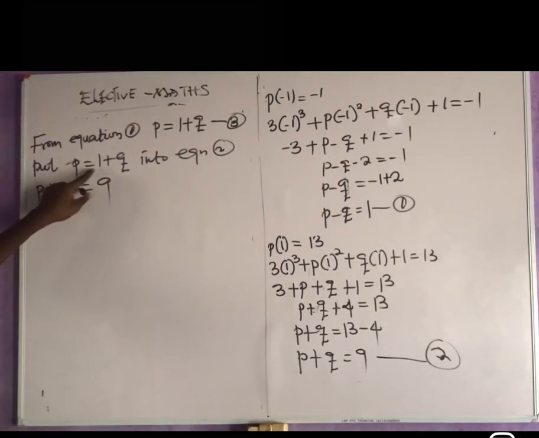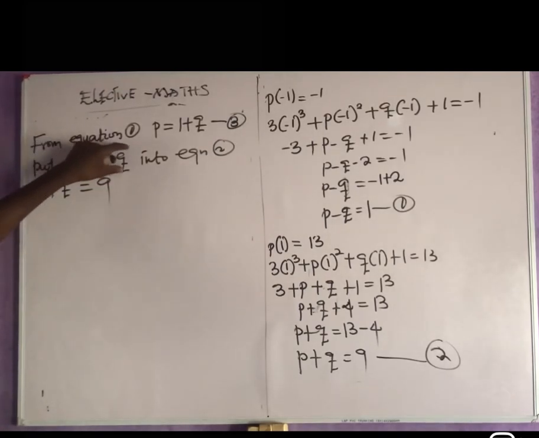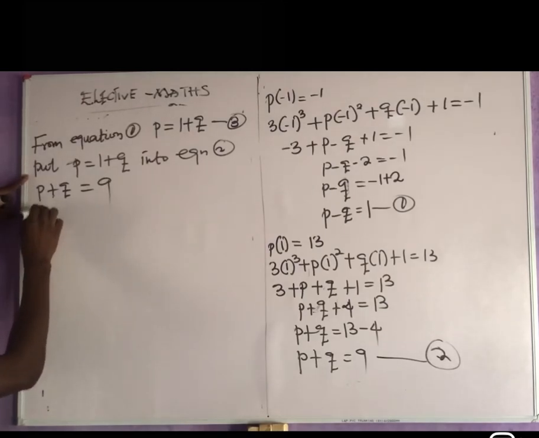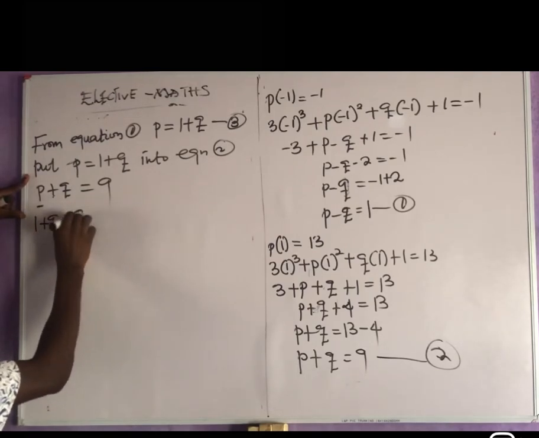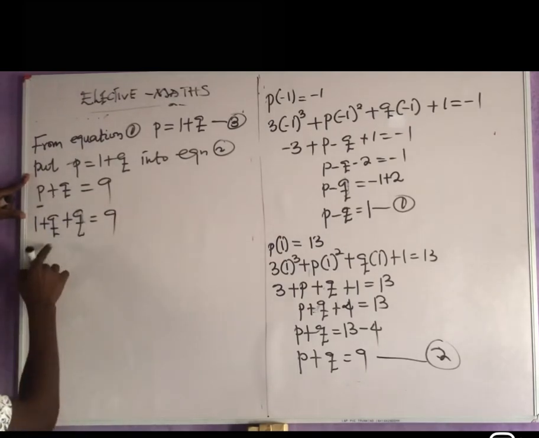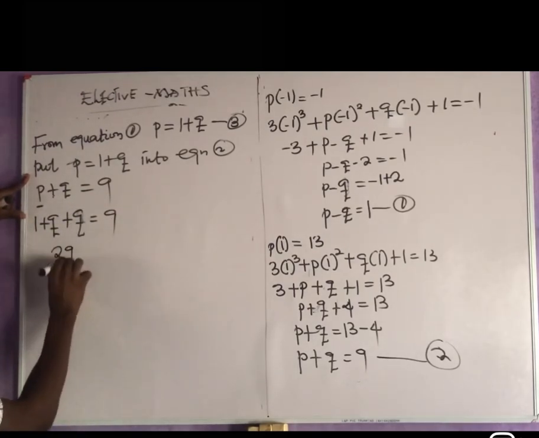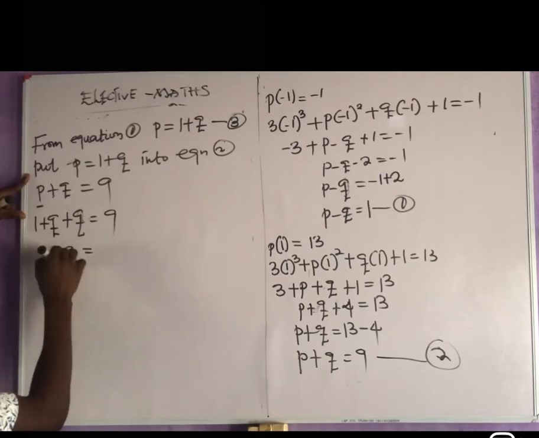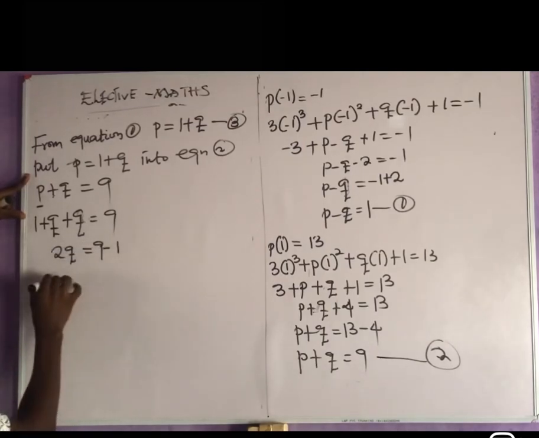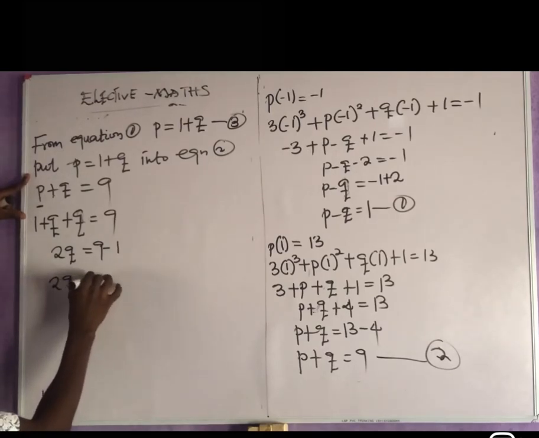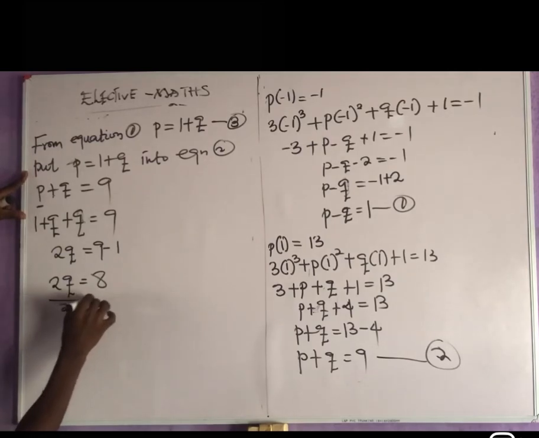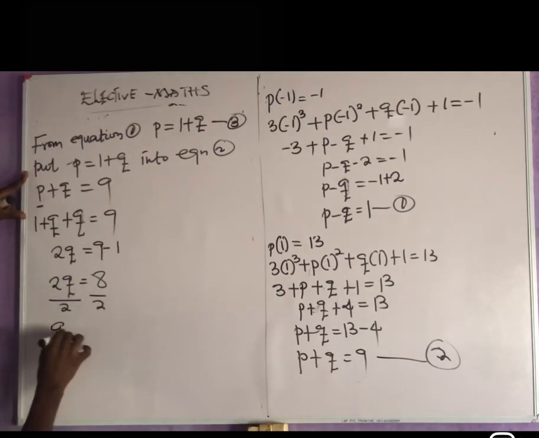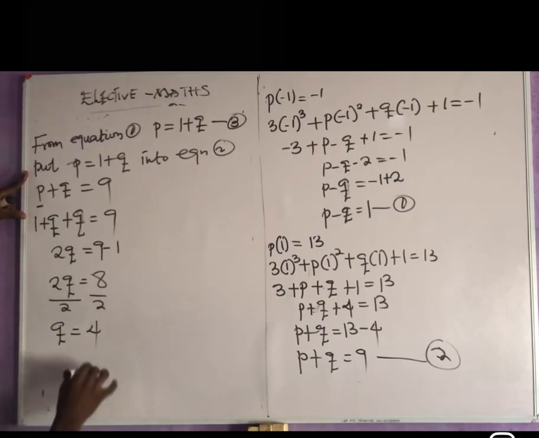But we said that p is equal to 1 plus q, which means that wherever you see p in equation 2, replace it by 1 plus q. So 1 plus q plus q equals 9. Q plus q will give us 2q equals 9 minus 1, so 2q will give us 8. We are trying to make q the subject, so we divide both sides by 2. So my q will give us 4.